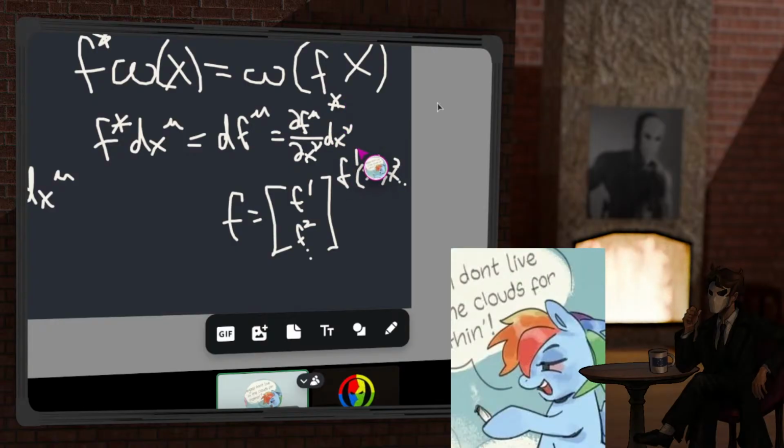So basically we have the pullback of a form acting on some vectors is the form acting on the push forward of those vectors.